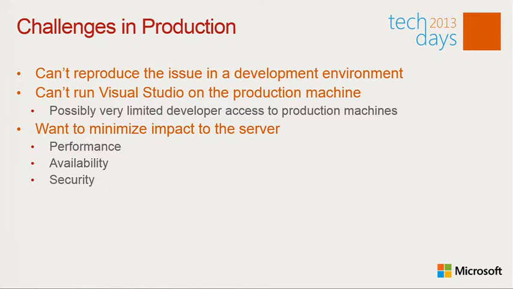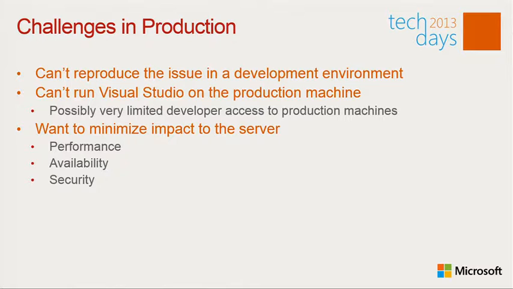A challenge is that you usually can't run Visual Studio on the production machine itself, depending on what your relationship is with your operations team. The level of access that you get as a developer and the amount of impact you're allowed to have on those machines can be fairly limited.